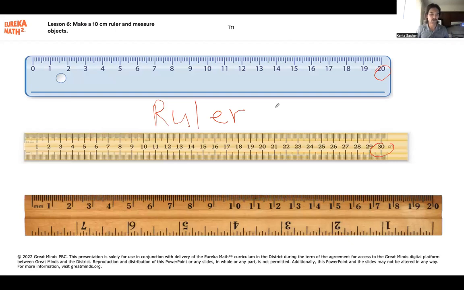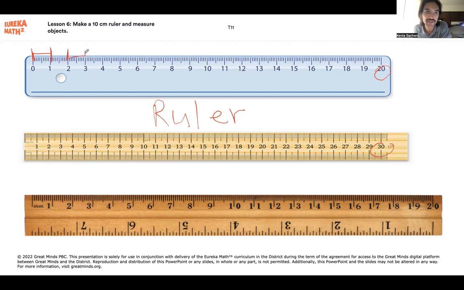Perfect. All right, so let's get some more practice with our measuring. But before we do that, I want you to notice one small thing here with me. If we're looking at just this blue ruler, notice that the distance between 0 and 1 is the same.